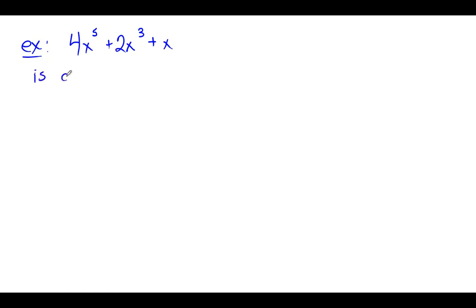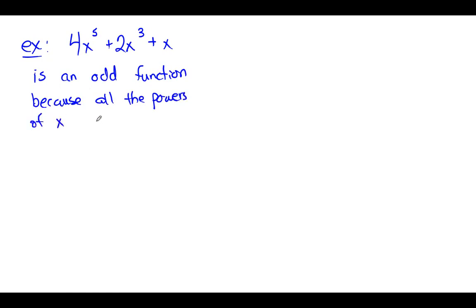So this is an odd function, because all the powers of x are odd integers. So you just check them. 5 is odd, 3 is odd, and there's an imaginary 1 here, and that's odd. So we know they're all odd.